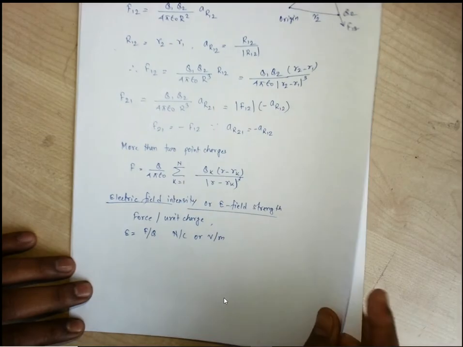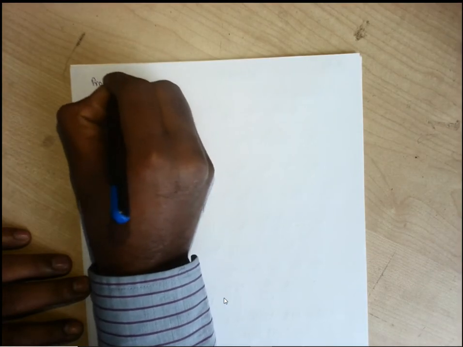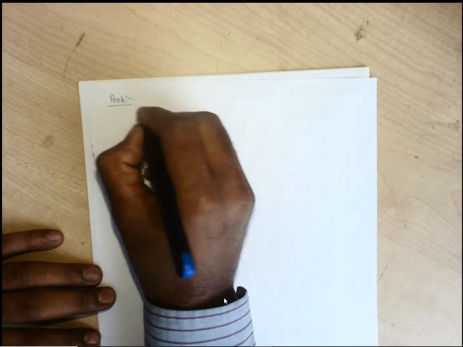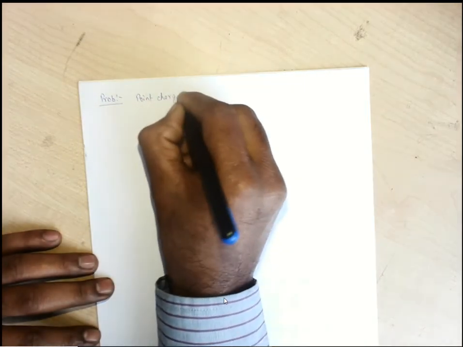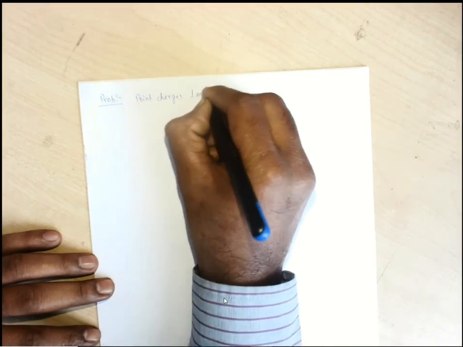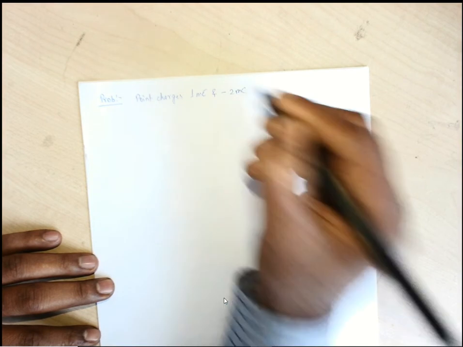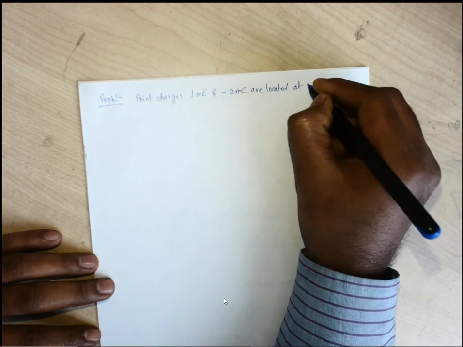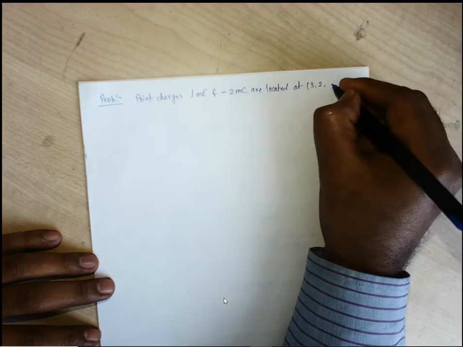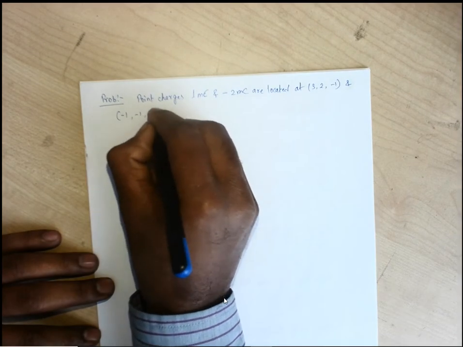Let us go with a simple problem. Point charges one microcoulomb and minus 2 microcoulomb are located at (3, 2, minus 1) and (minus 1, minus 1, 4) respectively.